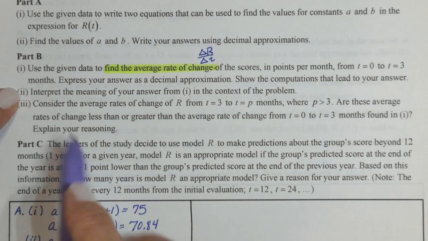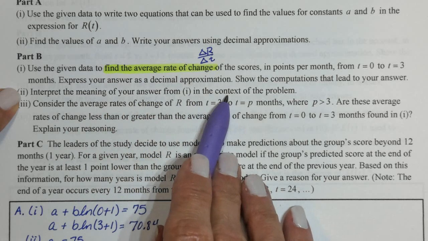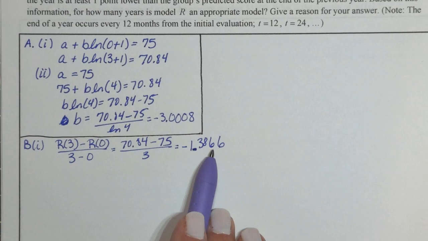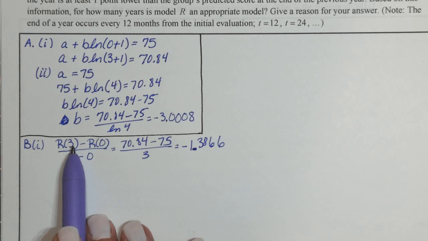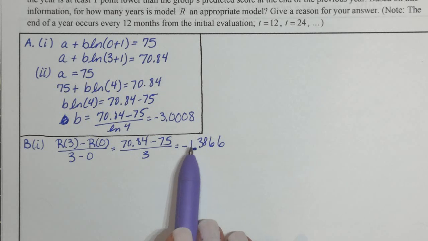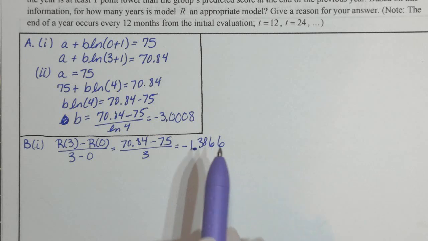Part 2. Interpret the meaning of your answer from part 1 in the context of the problem. What does this mean? That means that from 0 to 3 months, the score was decreasing by this amount per month.